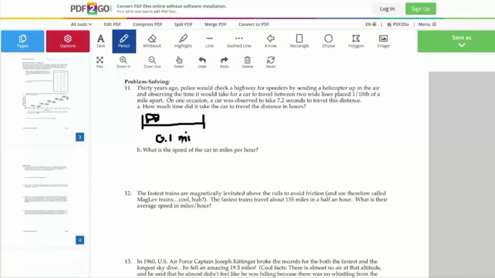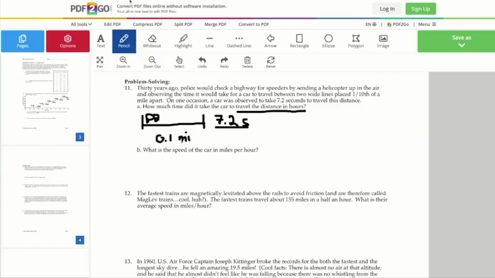So if it takes the car 7.2 seconds to travel this distance, how much time is that in hours? We want to convert 7.2 seconds to hours.